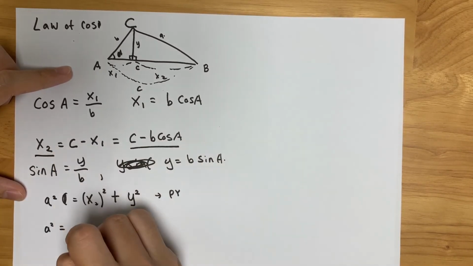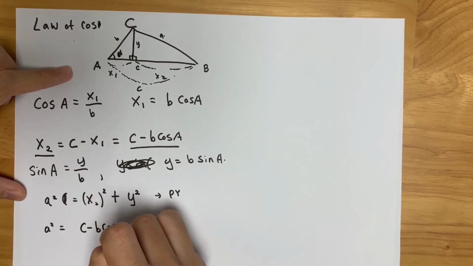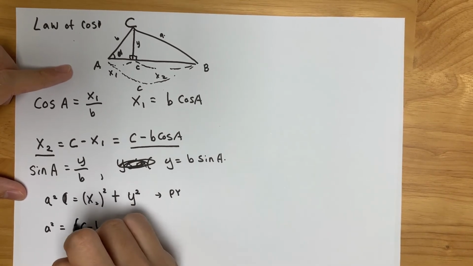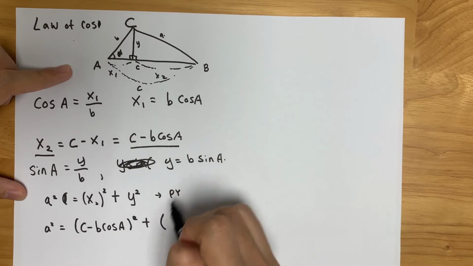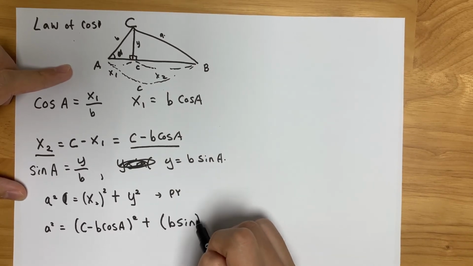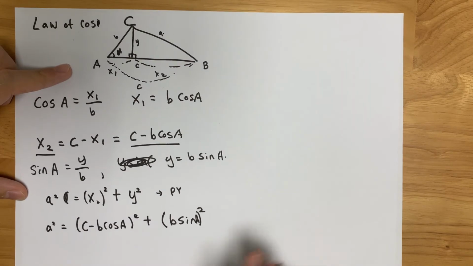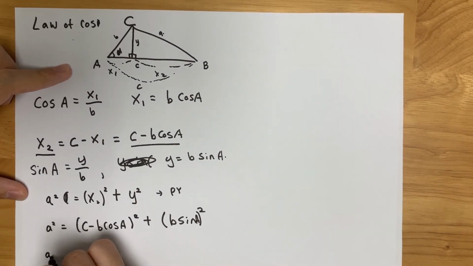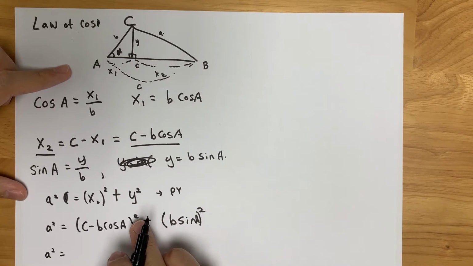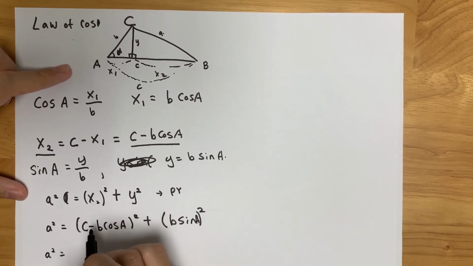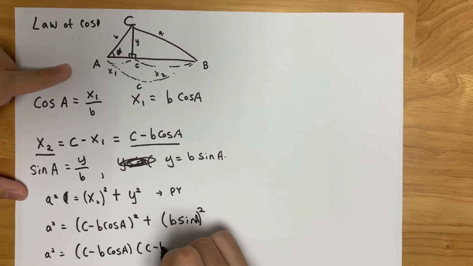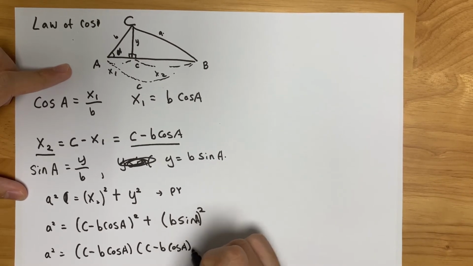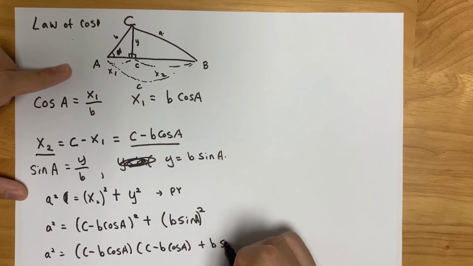x2 is c minus b cosine of A, squared, plus y, which is b sine of A, squared, right? Then yeah, let's do this one by one. So let's see. c minus b cosine of A, squared, plus b sine of A, squared.